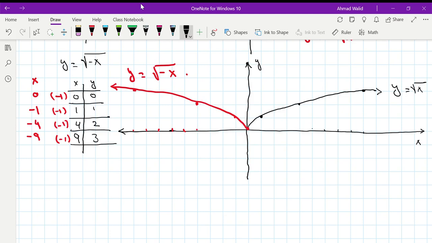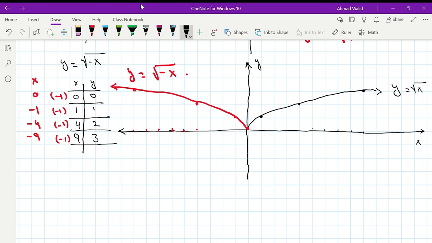If you do reflection about the y-axis or in the y-axis, graph your parent graph, use your table and multiply the x column by -1. That's the easiest way. Correct? This topic was about reflection of the graph of a function about the x-axis and y-axis.